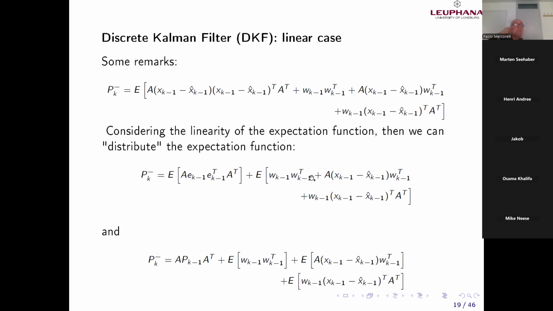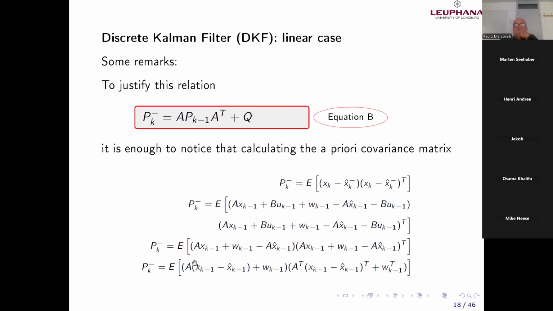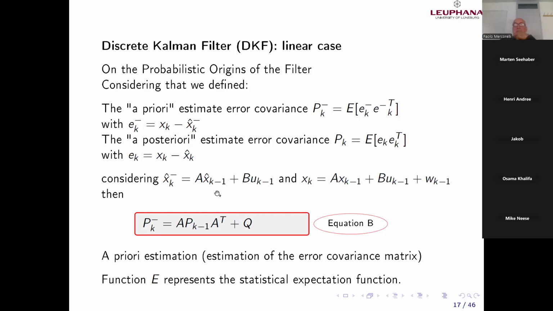But proceeding with some algebraic calculation, we end up on this central equation, which we can see in an abstract form: A of k minus 1, which multiplies A of k minus 1 transposed, which is exactly P of k minus 1, the a posteriori covariance matrix, which at this moment is defined just here.